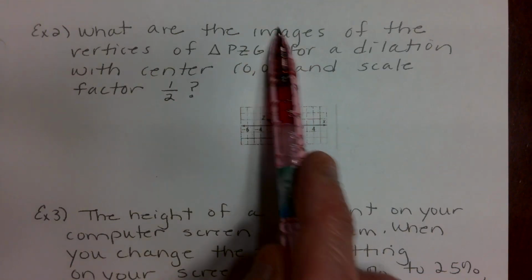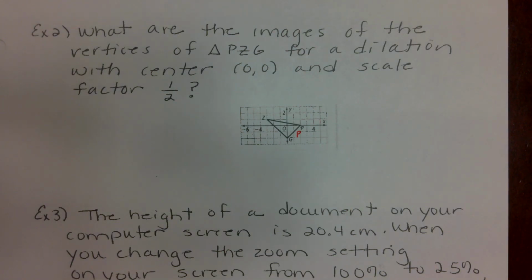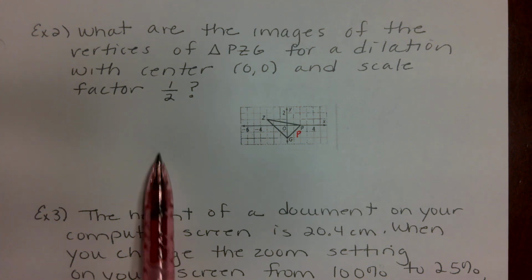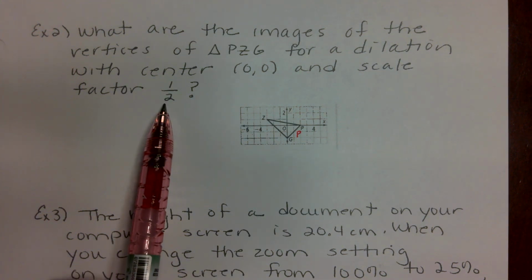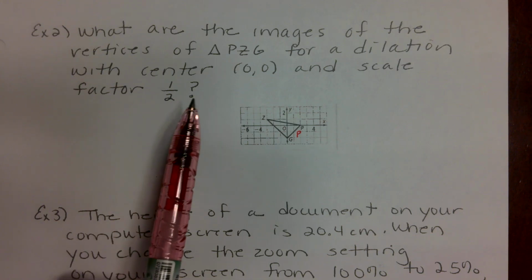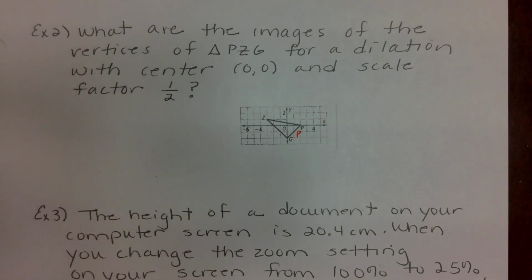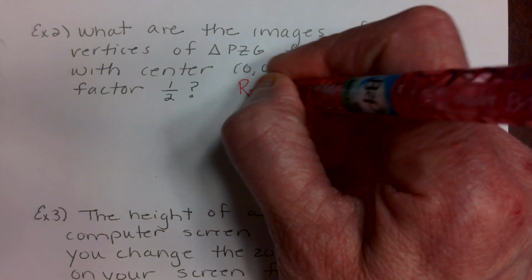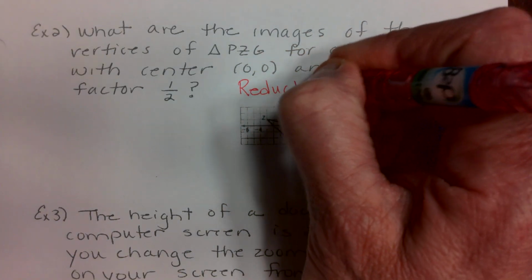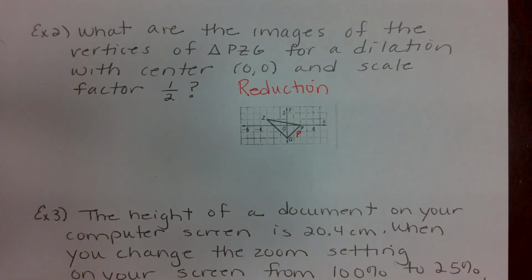They're asking for the images of the vertices for a dilation with a center of 0, 0 and a scale factor of 1/2. As soon as I see that, what kind of dilation am I going to have? Correct. A reduction. It's going to get smaller, if that is even possible, because this picture is very small.